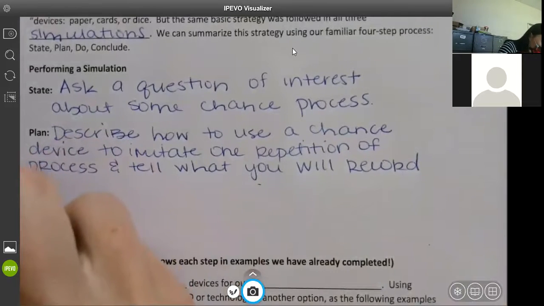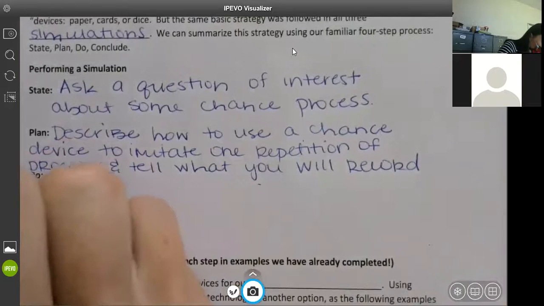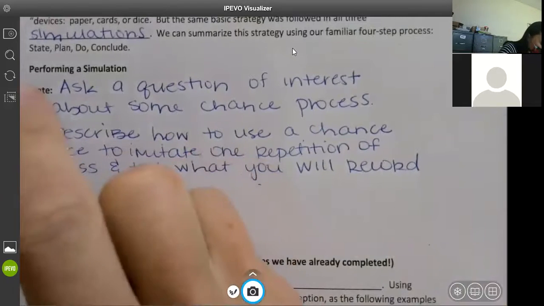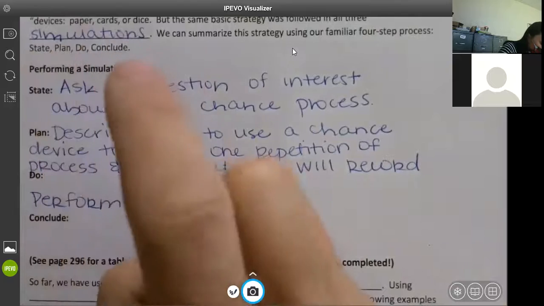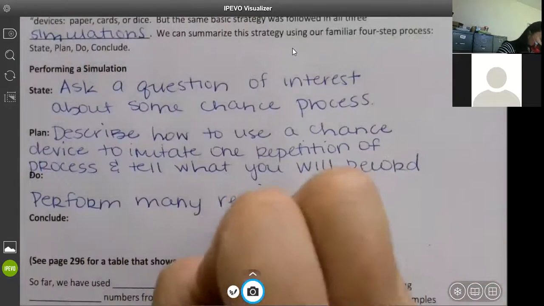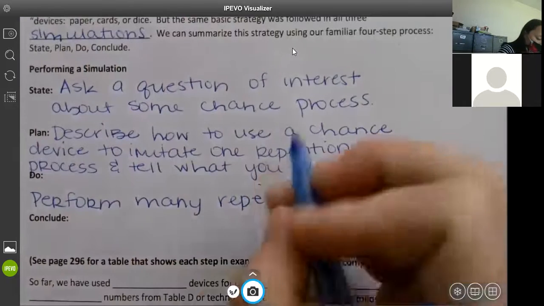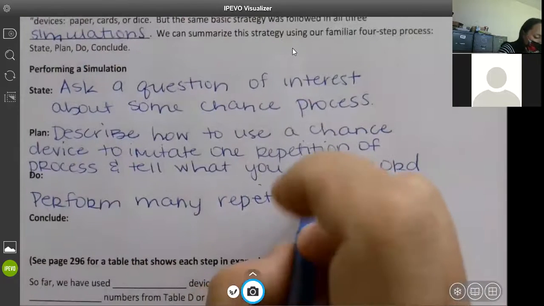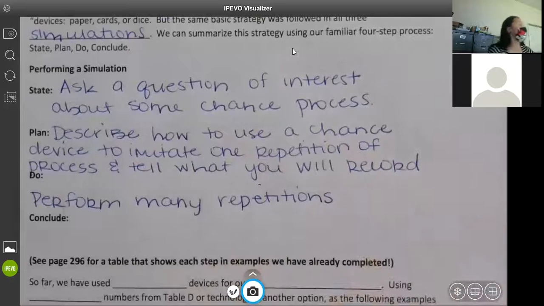For the do, you're going to perform many repetitions. Why do we do that? Yeah, to decrease variability. So we want to rule out anything that could be confounding. So we want it all to be left to chance.